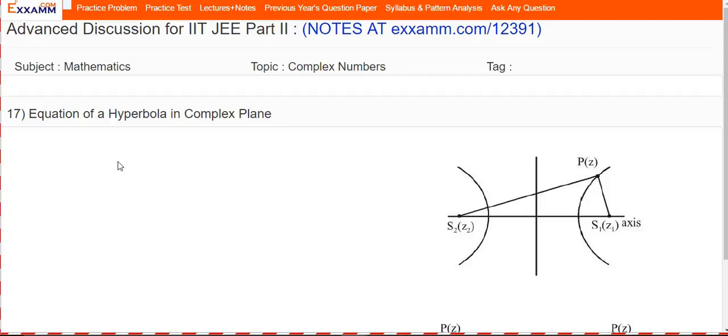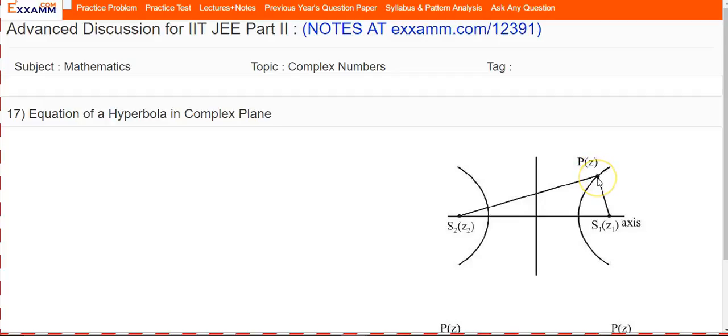Finally, we have come to the end of this very long but very important lecture for JEE as far as complex numbers are concerned. Now here we have to find the equation of a hyperbola in the complex plane. We know that in the case of a hyperbola, the point P(z) moves in such a way that its difference from 2 points, which are the foci of that hyperbola, is always constant.